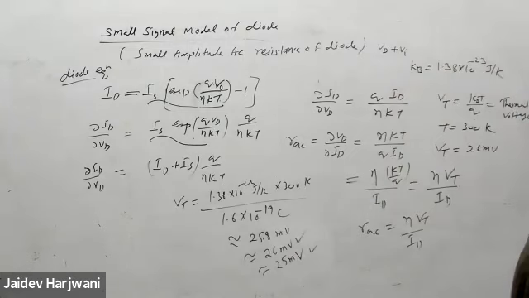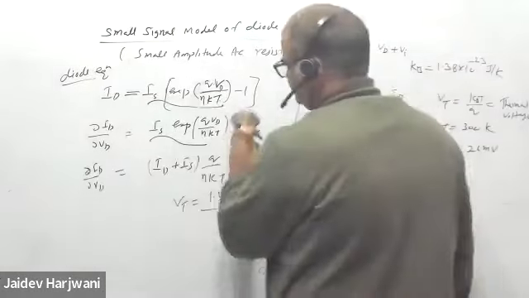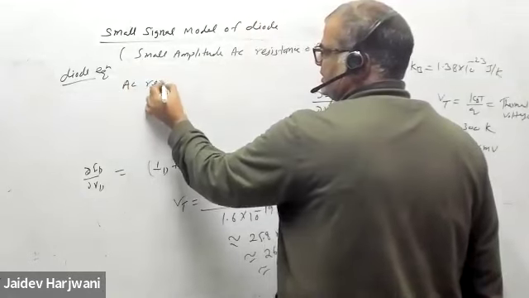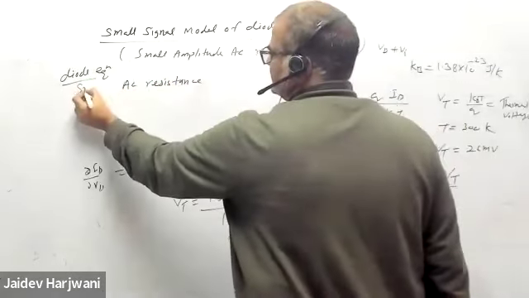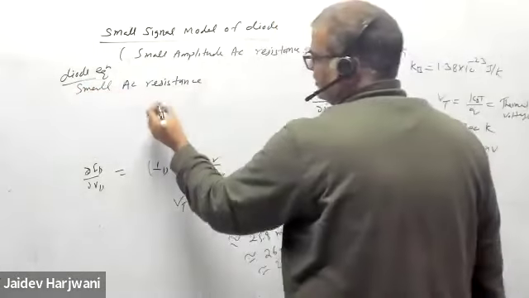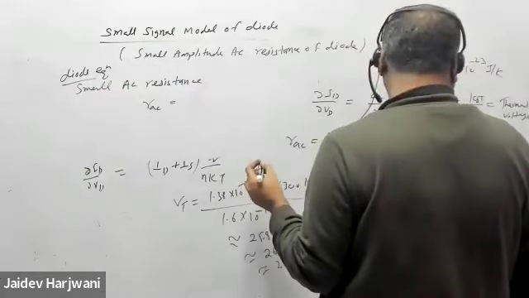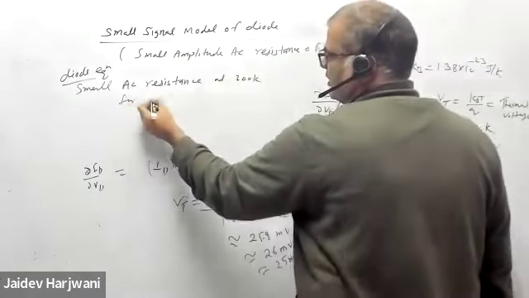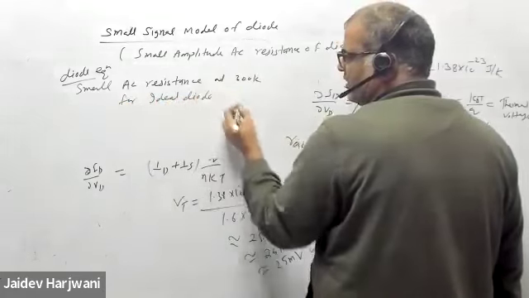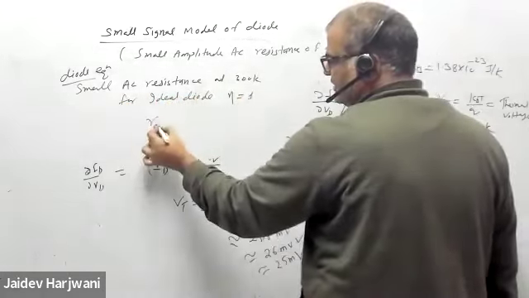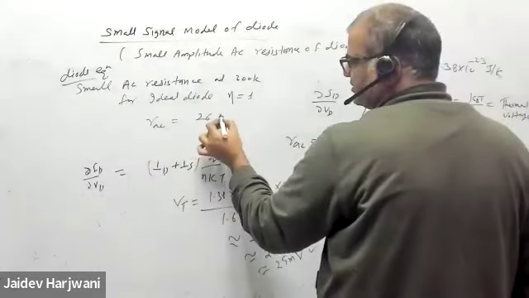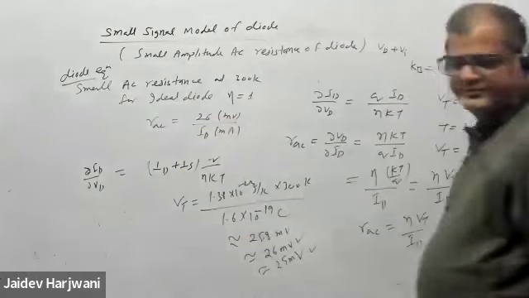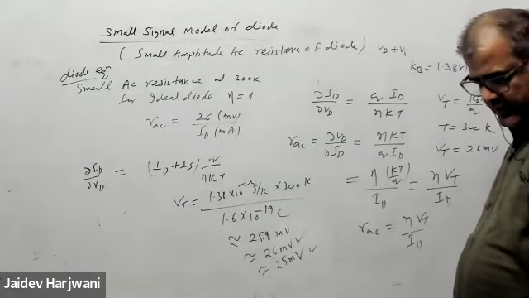So now what is my small AC resistance? At room temperature, 300 Kelvin, for an ideal diode eta is 1, so RAC becomes 26 millivolt upon ID, and ID is generally given in milliampere.